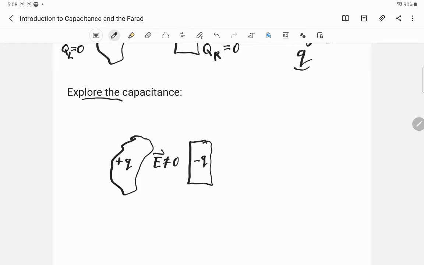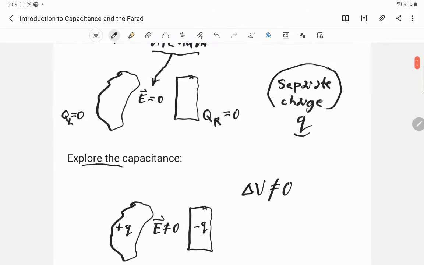The electric field is not 0. And if the electric field is not 0, then that means that there is a potential difference that is also not 0.